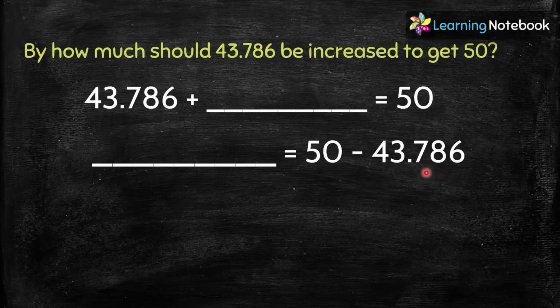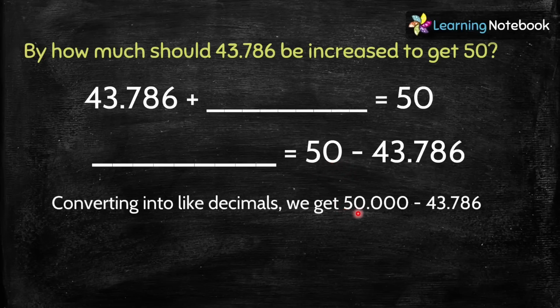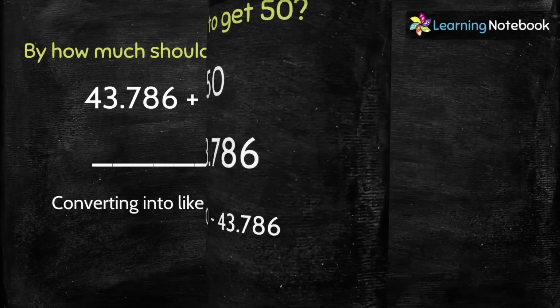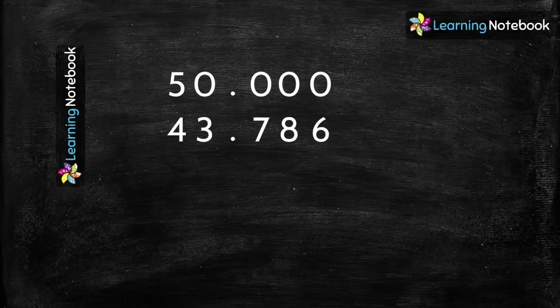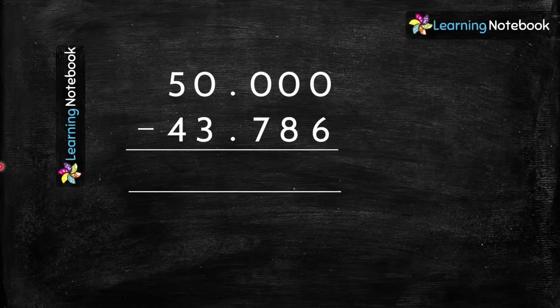Students, to subtract these two numbers, we have to first make them as like decimals. So 50 becomes 50.000. Now let's subtract them. To subtract, first write them in columns and then start subtracting them from decimal part. So 0 is weaker than 6.